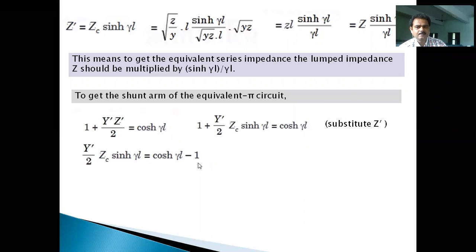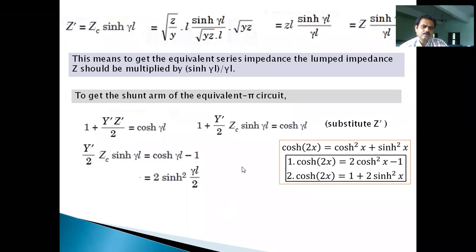So now we have hyperbolic equations. This can be written as 2 sine h square gamma l by 2. So we have the hyperbolic identity: cos h 2x is equal to cos h square x plus sine h square x.